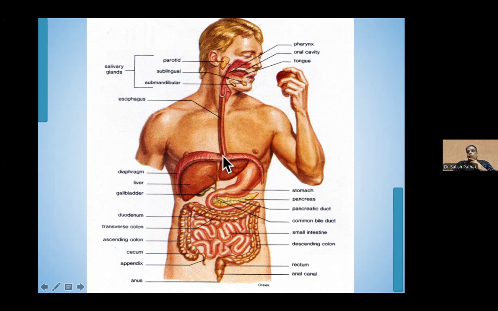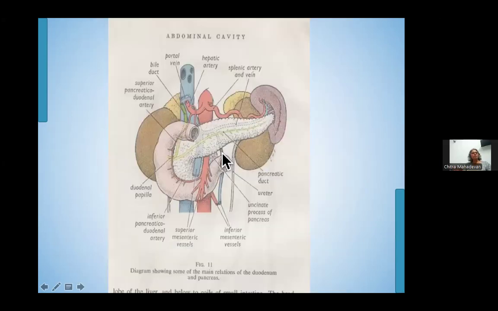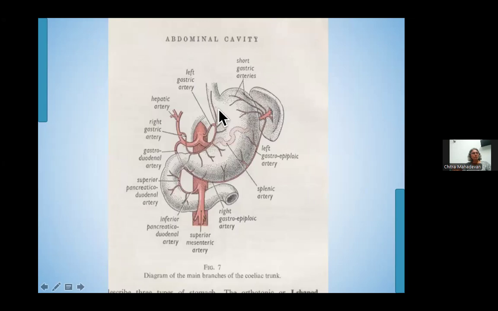But if this wall has become relaxed, then this may go up, and this is acid which goes up, and that causes corrosive action, and acid reflux is there.